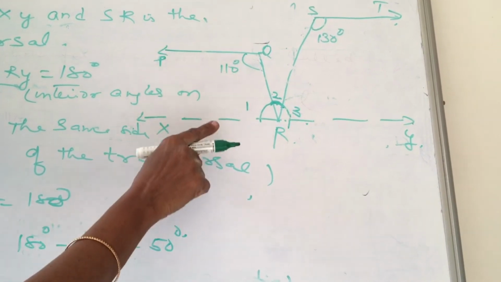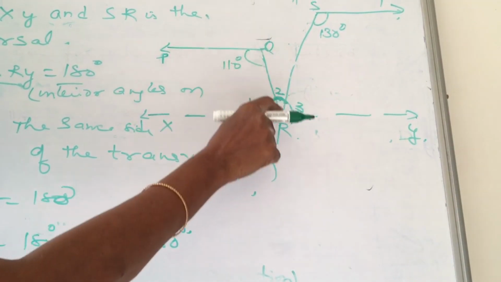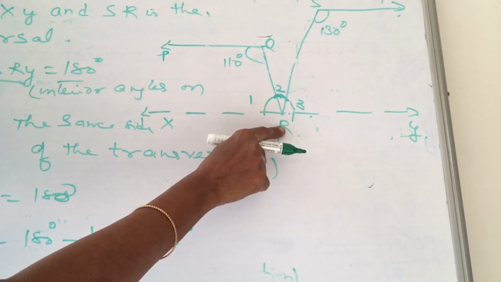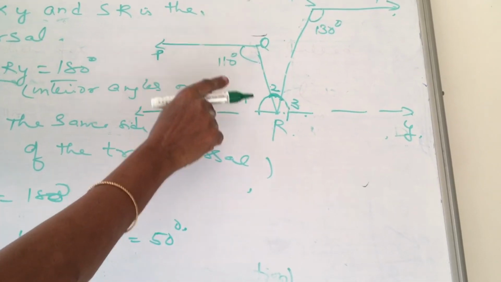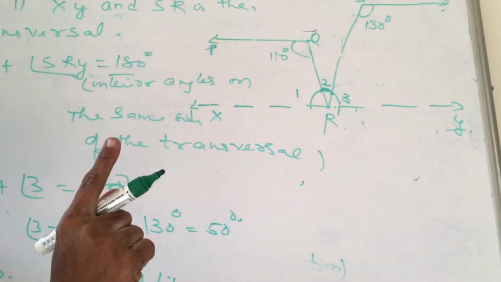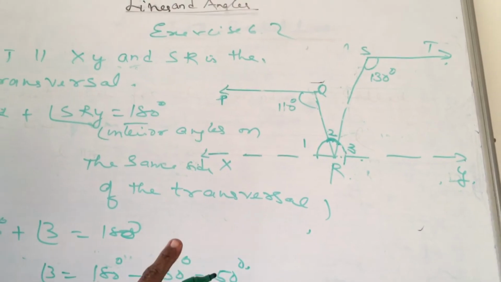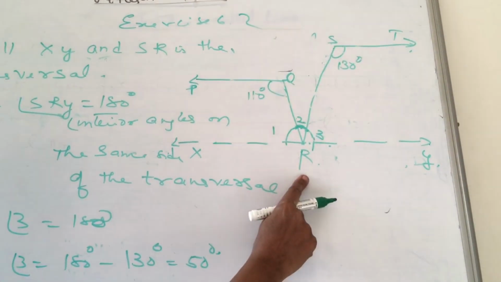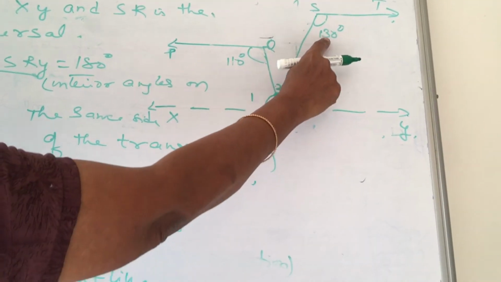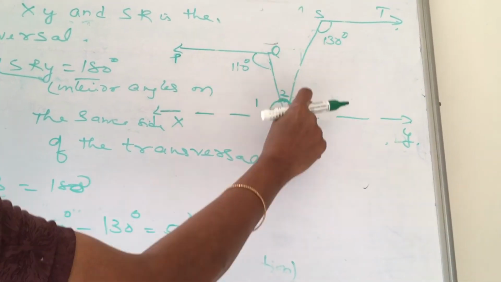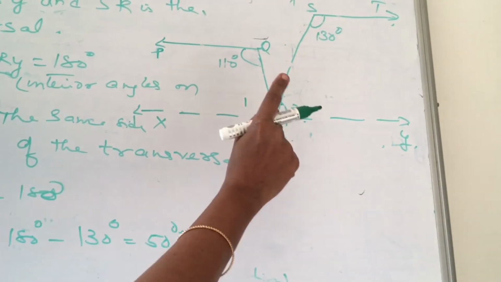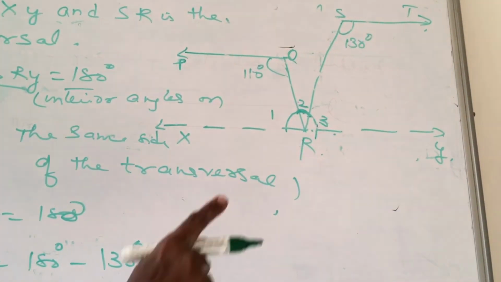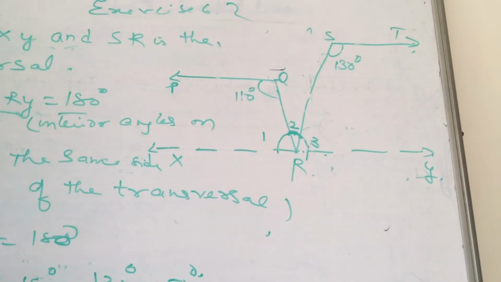If PQ is parallel to XY, children, the transversal is QR. Angle 1 and 110 are the interior angles on the same side of the transversal whose sum is 180 degrees. If ST is parallel to XY, children, angle 3 and 130 are the interior angles on the same side of the transversal whose sum is 180. So angle 3 measure is 50 degrees.